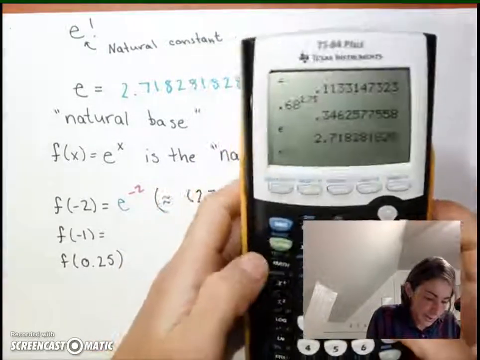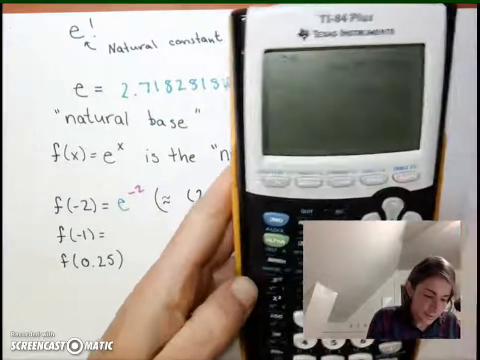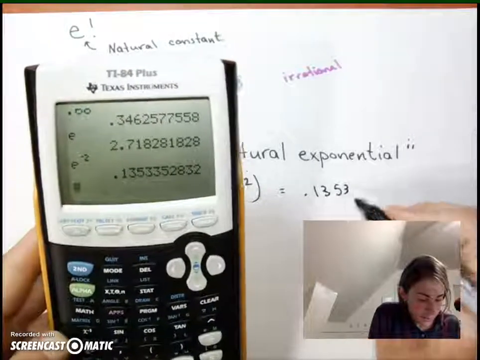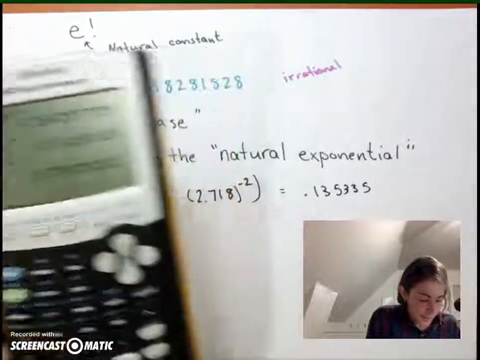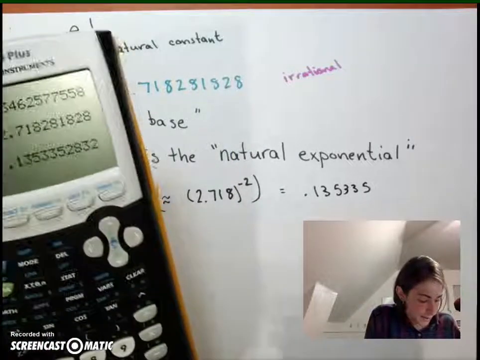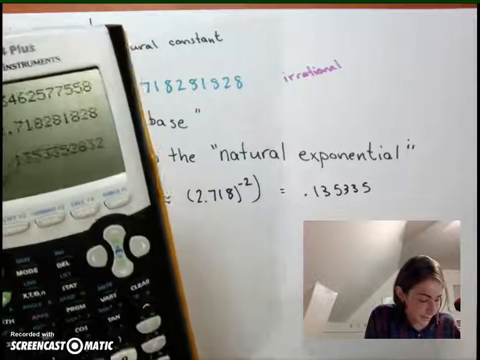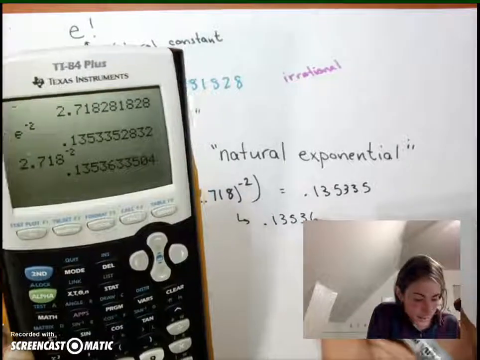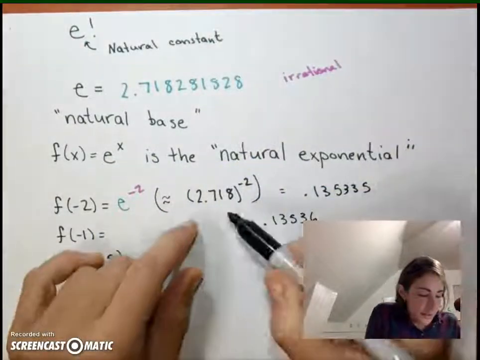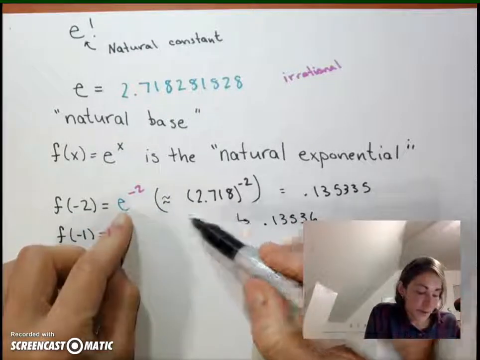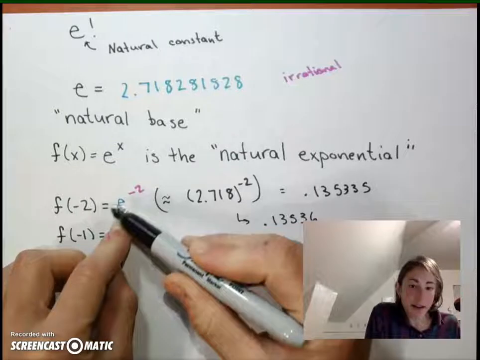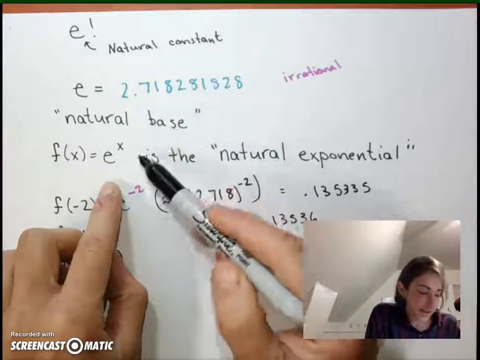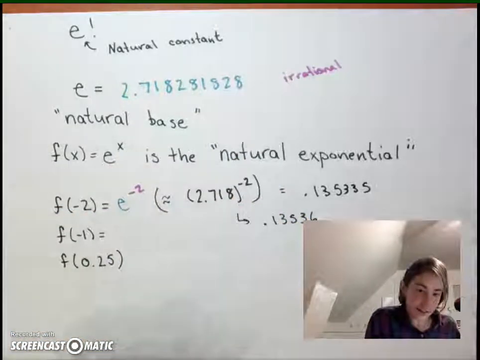If I do second e raised to the minus 2, I get 0.135335. And let's just do the estimate to see what we get. 2.718 raised to the minus 2. It's pretty close. It's 0.13536. So the reason I wanted you to see both is that I really want to emphasize that e is just a number. It's not a variable. So in this function, e is our special base that represents this number, and x is the variable. So we're still plugging in for x.